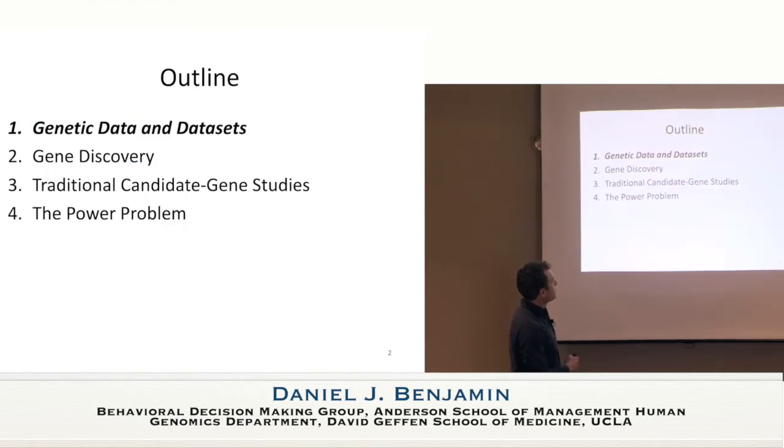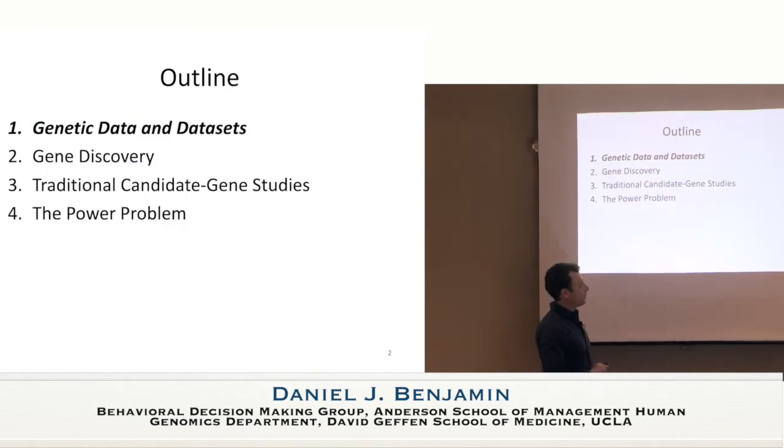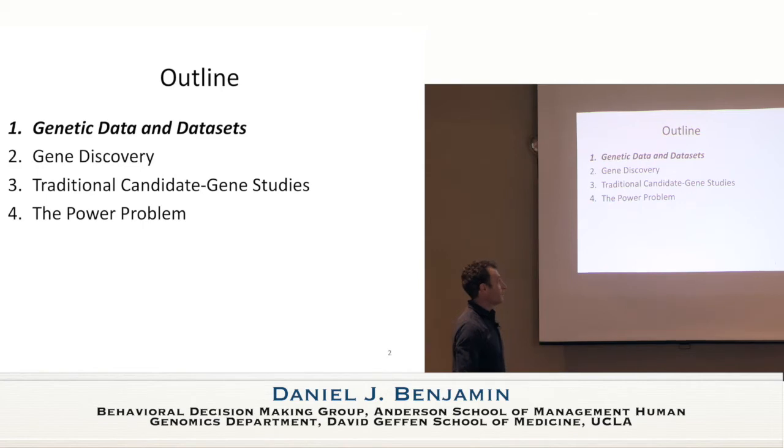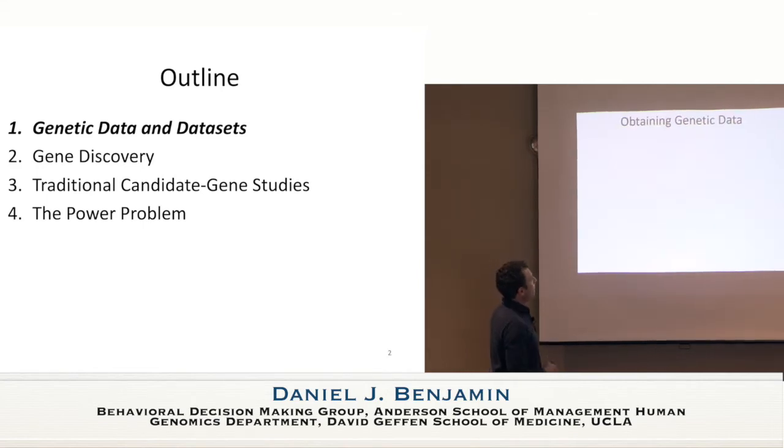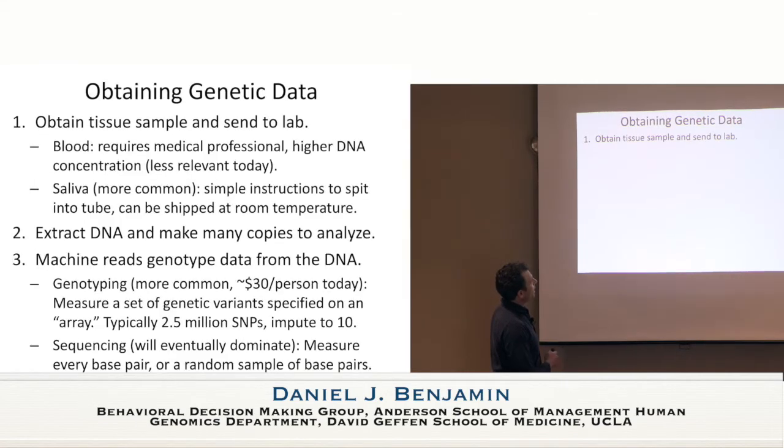Okay. So actually, the very first thing I want to do is say something about genetic data, since we're going to be talking about using that kind of data. From our point of view as users of genetic data, it's actually pretty simple. You collect a tissue sample.